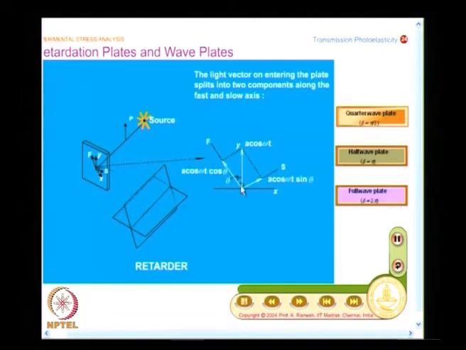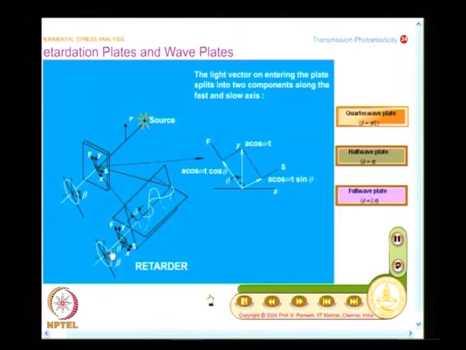It is split into two light components, they travel within the model, acquire a retardation, and in general you get elliptically polarized light.